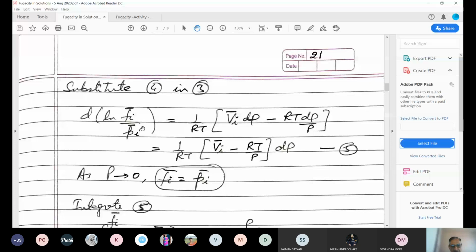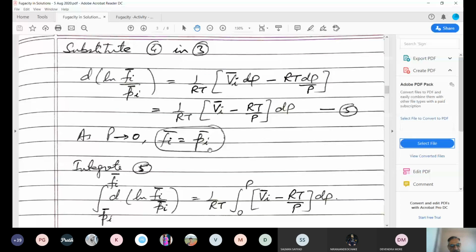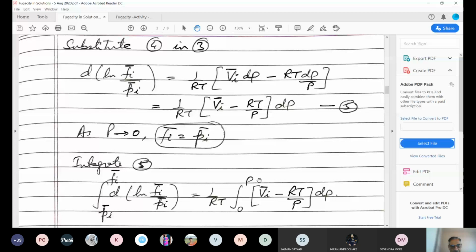As pressure approaches 0, Fi bar is equal to Pi bar. That's what by definition we have said. At low pressures, fugacity of component I in solution is nothing but the partial pressure of component I. So if we integrate this equation 5 from 0 pressure or low pressure to the desired pressure, the left hand side is ln Fi bar by Pi bar.